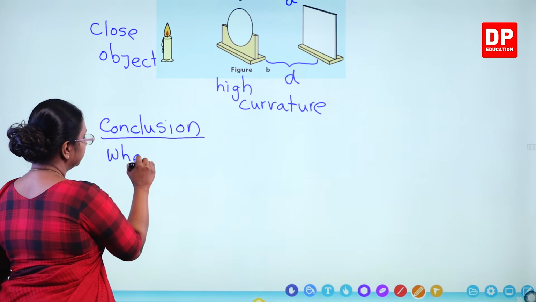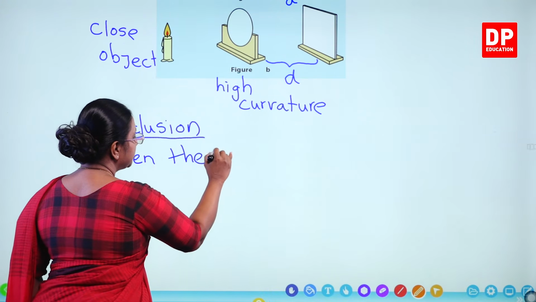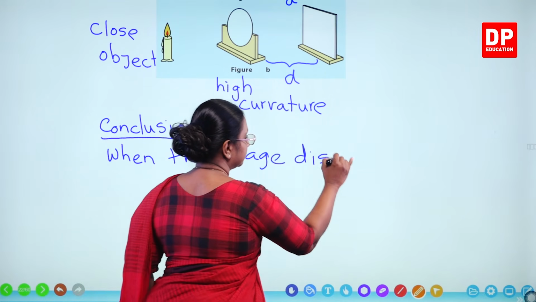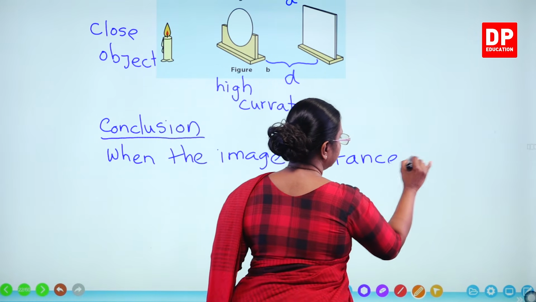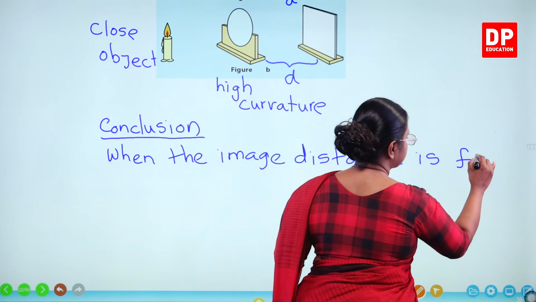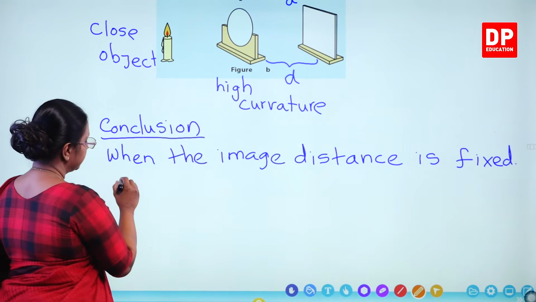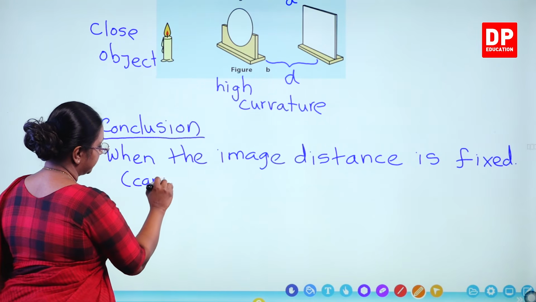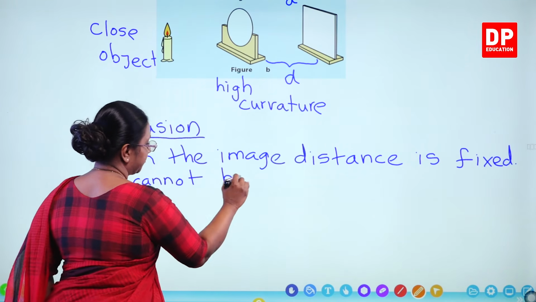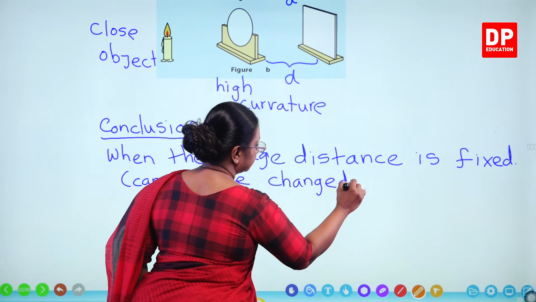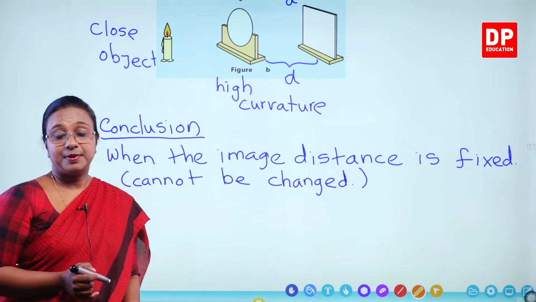When the image distance is fixed, or you can say image distance cannot be changed, either way, it's okay. What happens?